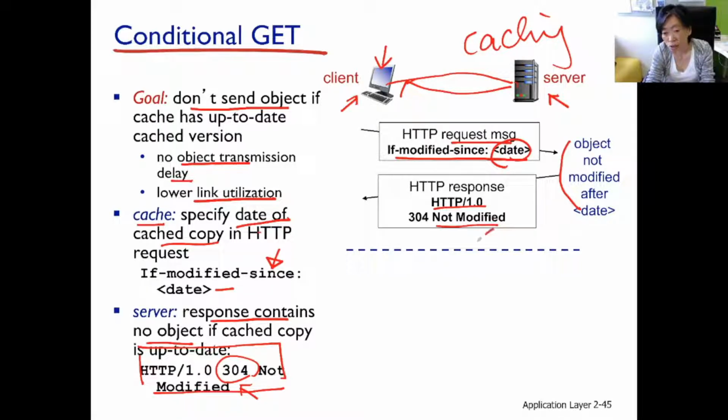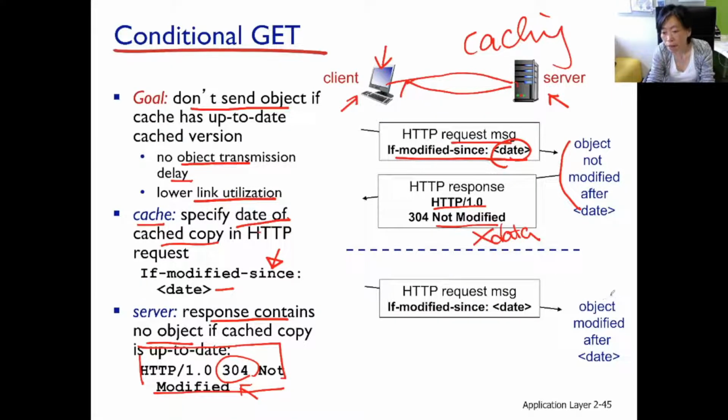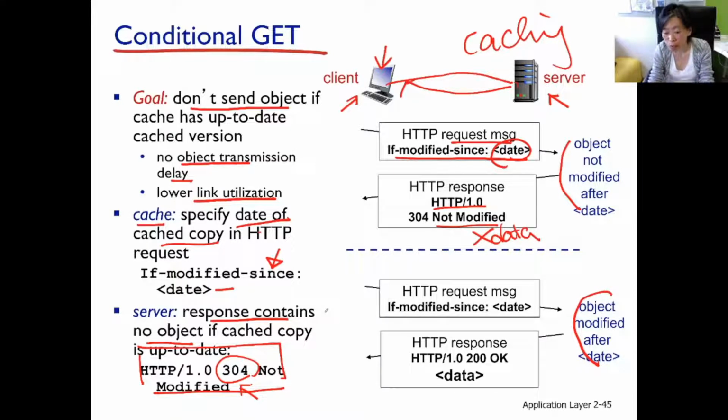And that's all. No data here. But otherwise, if the object is modified, then we send back a regular HTTP response that says 200 OK in the status line, and the web object, the web page again, in the body.